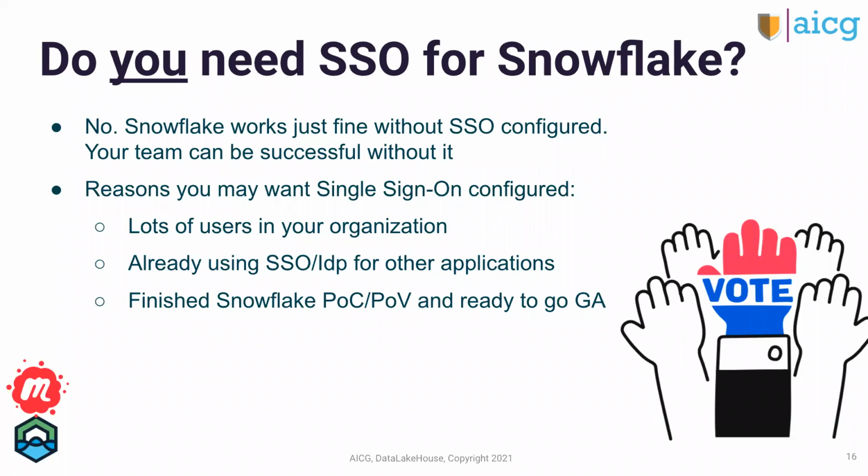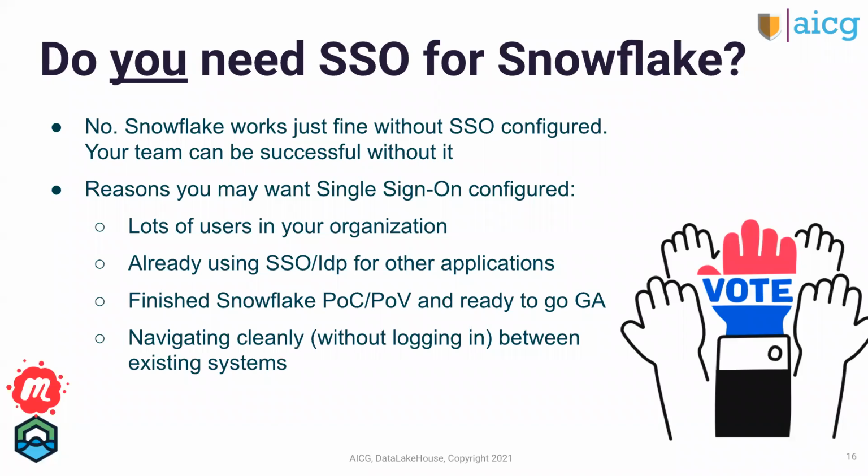If you're ready to do that, then one of the checkpoints or milestones, if you think about it from an agile or project-based flow, is to say, let's put a sprint in there, or maybe two sprints, to configure single sign-on for Snowflake, because you're already going through this process of implementing Snowflake. Go ahead and put it out there, and maybe you take one of the other advisory points that I mentioned earlier into consideration of whether you need it or not. But at least it's a checkpoint for you.